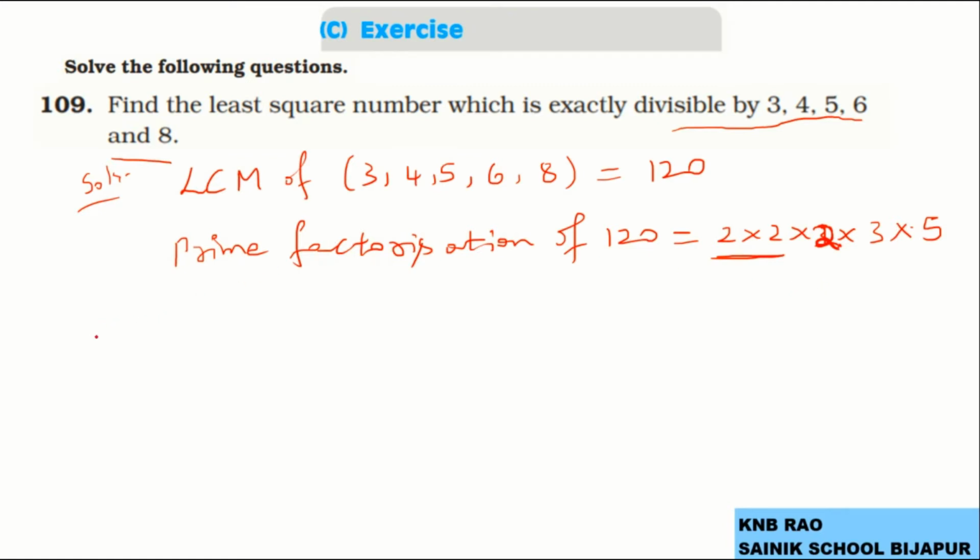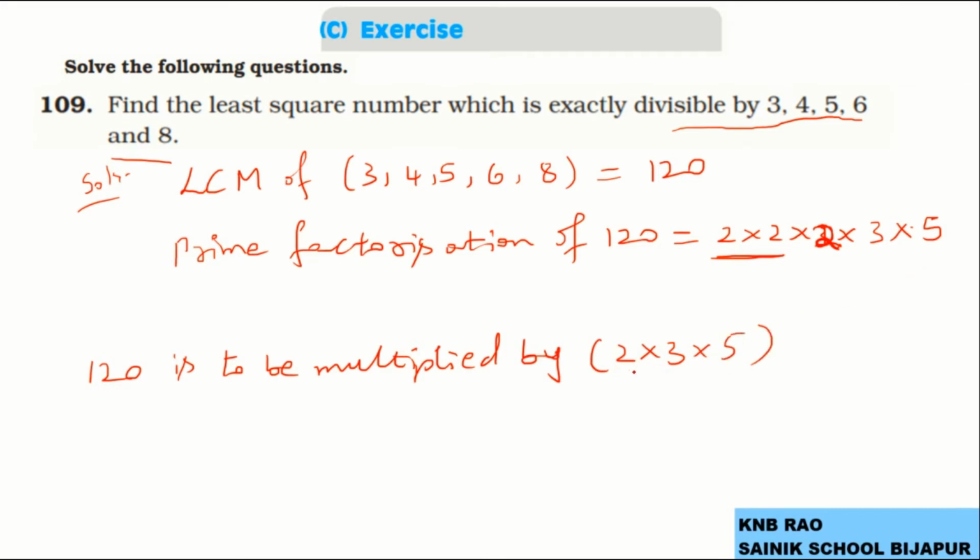So 120 is to be multiplied by 1 for 2. So we will multiply 1 for the prime factor 2, and 1 for 3, and 1 for 5, whose product is 30.